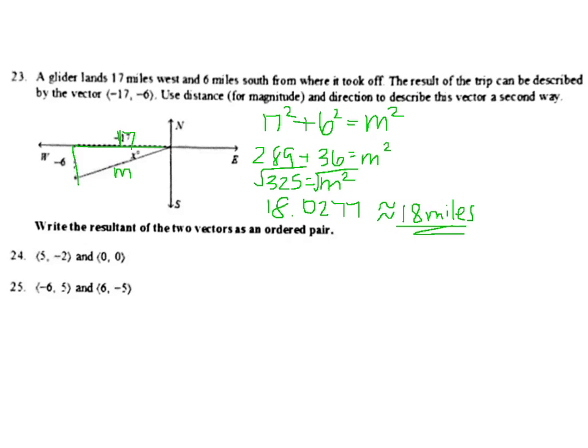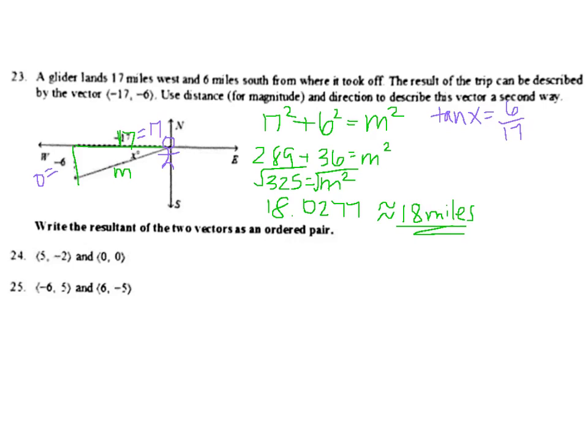And then the other thing I have to do is find that angle. So let's draw our person at that angle. If you're looking around the triangle, you have your opposite side is 6 and your adjacent side is 17. So that means you're using tangent of whatever the angle is, x, equals opposite is 6 over adjacent is 17.